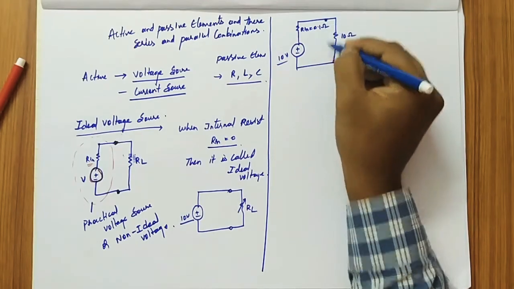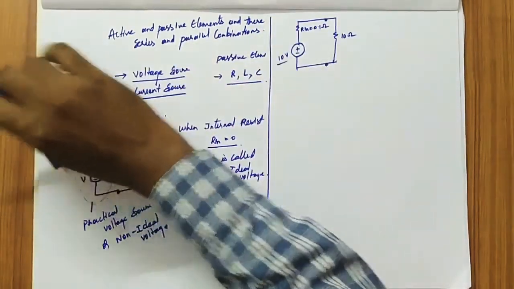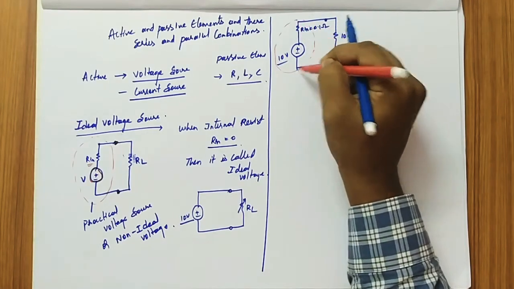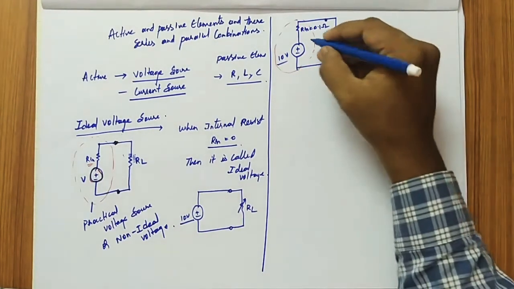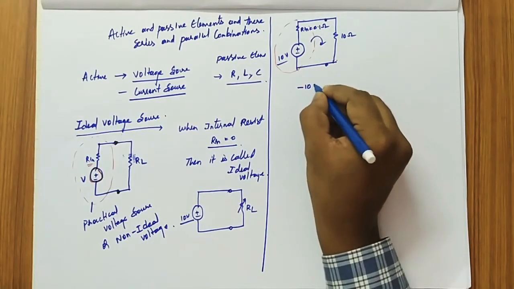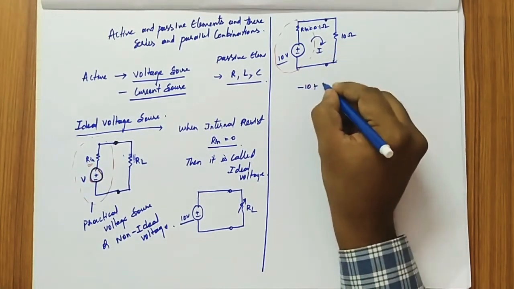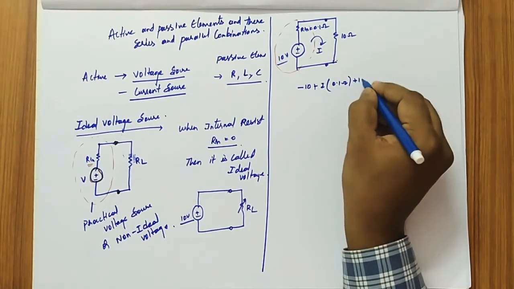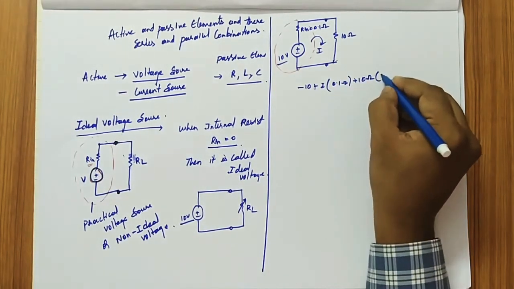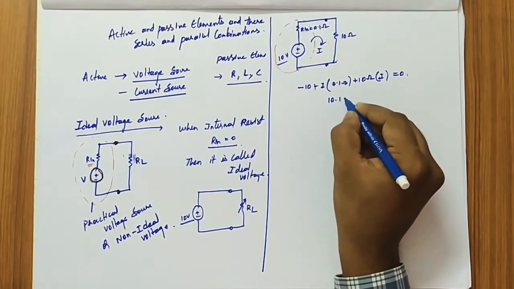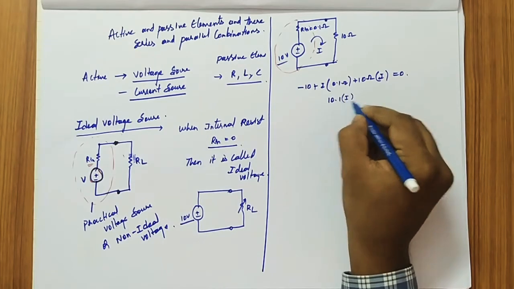This entire thing is the practical voltage source. So write the KVL here: minus 10, plus current I into 0.1 ohm plus 10 ohm into I equals 0. So you will get 10.1 I equals 10.